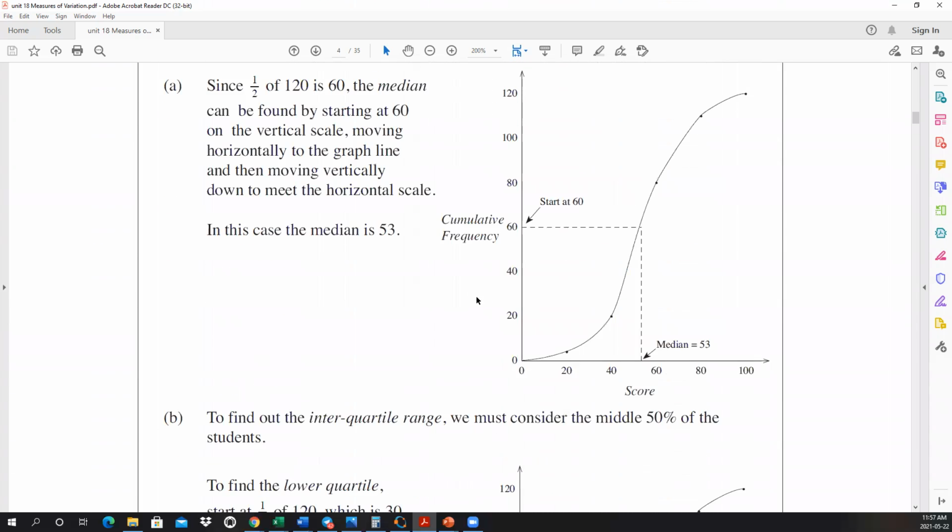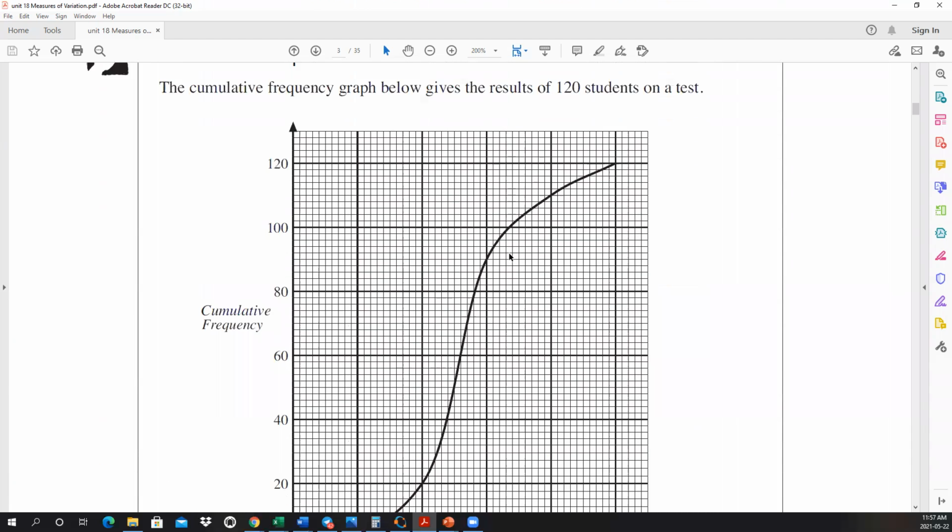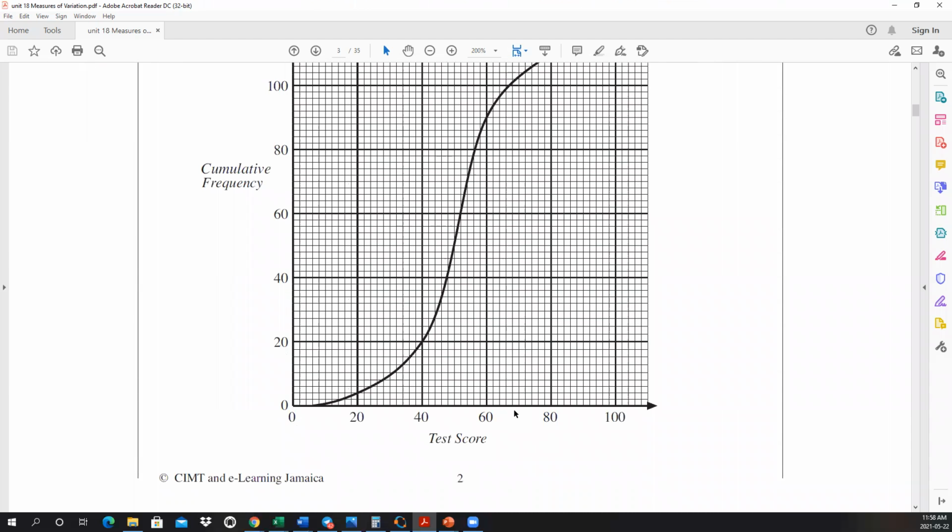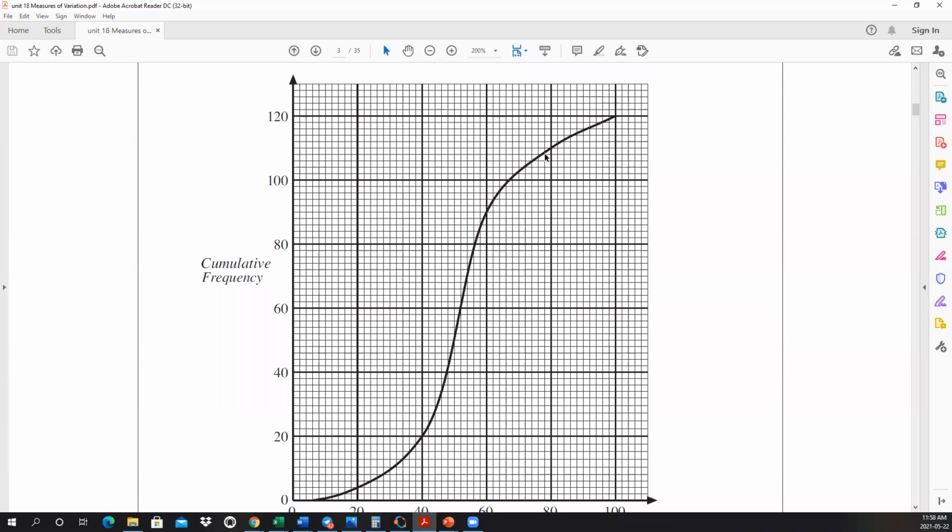So if we were to go up top, 75, so 70 would be about here, 75 is around here. You go up top, you go across here. So look around here. So this looks like about 110.